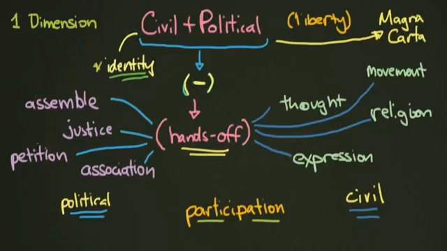Really important to this entire discussion before we move on is that you'll notice this political and civil tone to the entire dimension has a lot to do with citizenship. It's a really important idea, because if you have these rights, it means that there is an obligation out there.